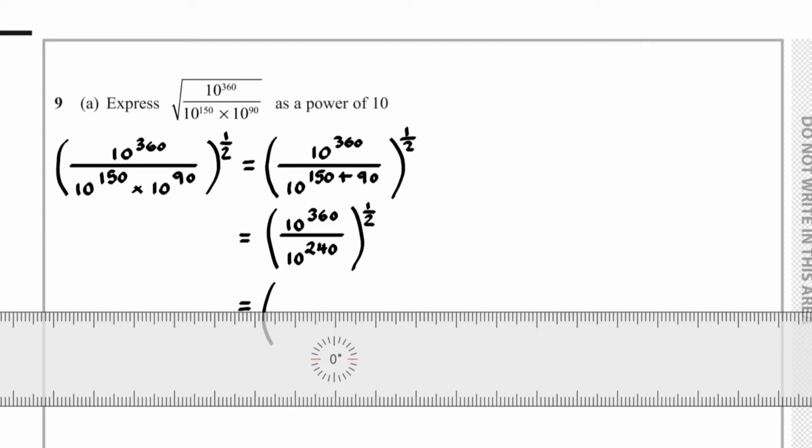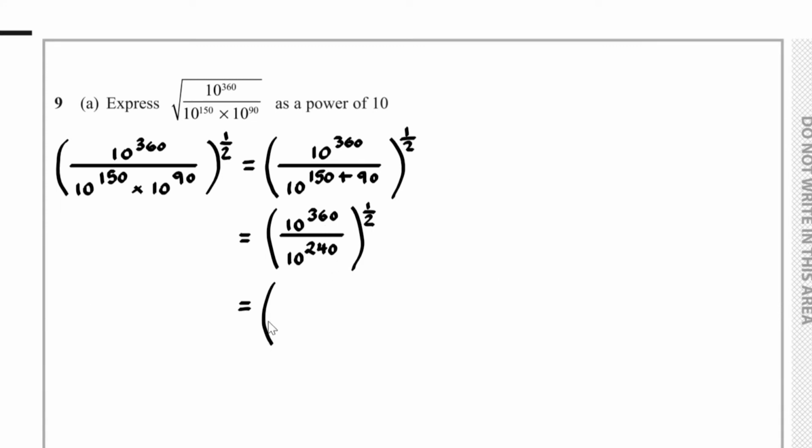So when we have the same base and we are dividing, we subtract the powers. So we have 10 to the 360 subtract 240 raised to the 1/2.